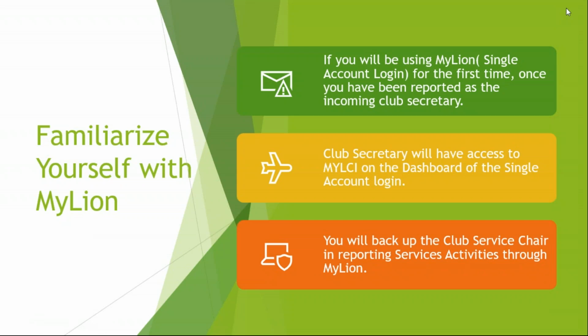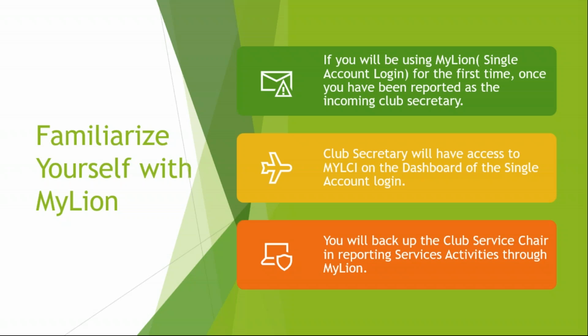If you're using the My Lion single account login for the first time, once you have been reported as incoming club secretary, we're going to ask you to go to a specific site.